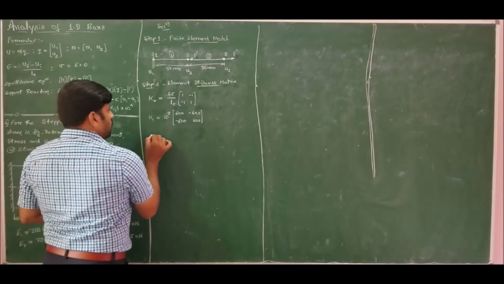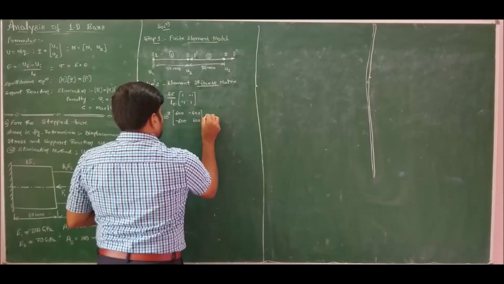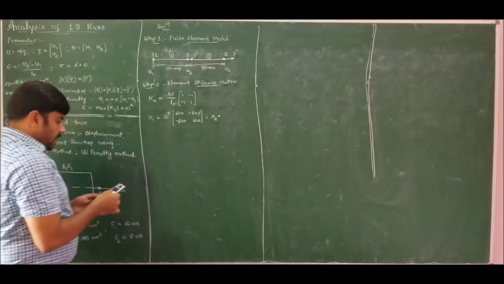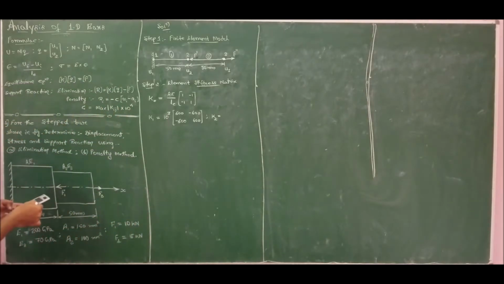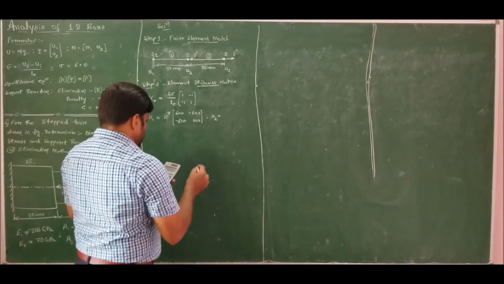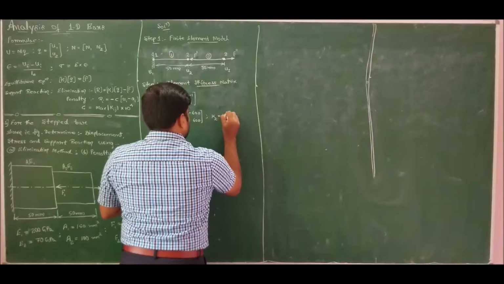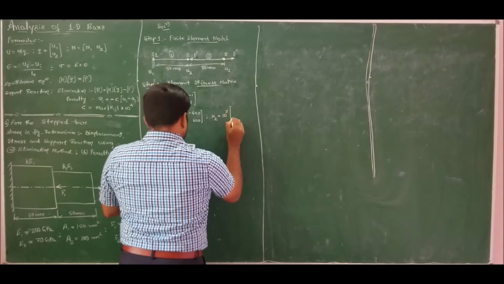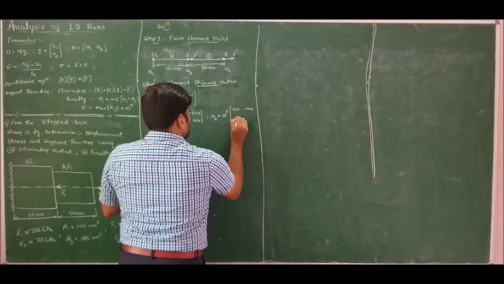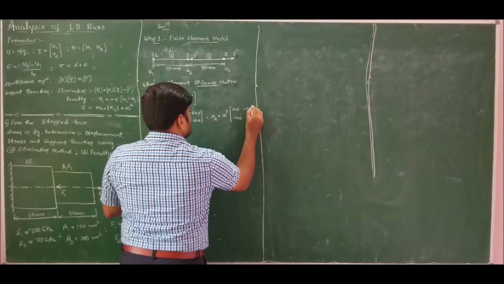Now for element 2, the area is 100, Young's modulus is 70 into 10 to the power of 3, divided by length, which remains the same, 50. Solving, I get 140 into 10 to the power of 3. So I can write it as 10 to the power of 3 times [140, -140; -140, 140].